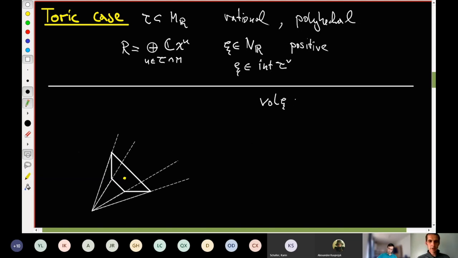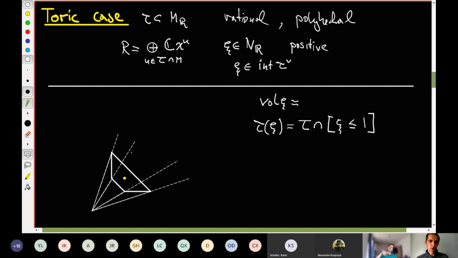And in order to do this, I have to introduce a certain truncated cone, tau of psi. And how do I truncate my cone? So I take tau and I intersect it with a half space, namely the half space where psi takes values less or equal to 1.